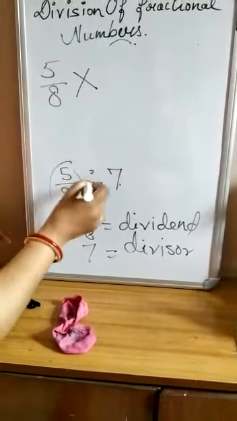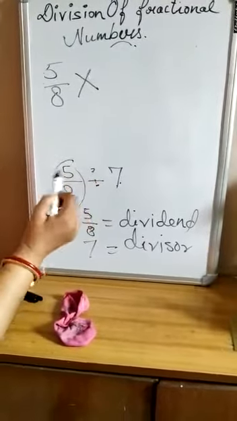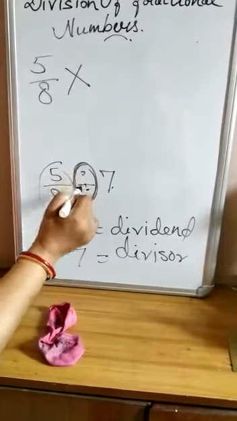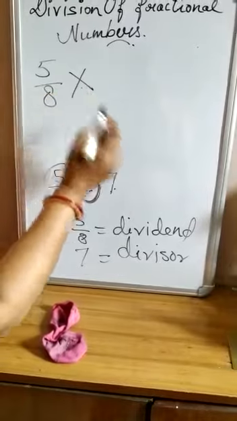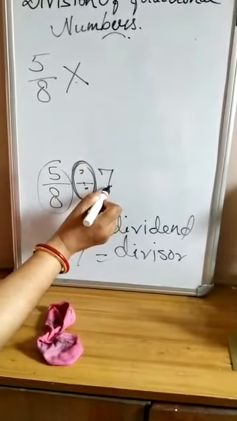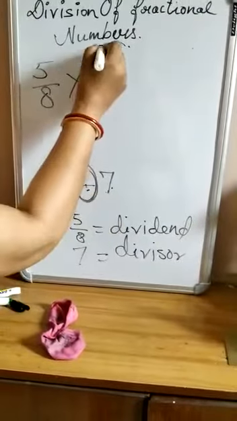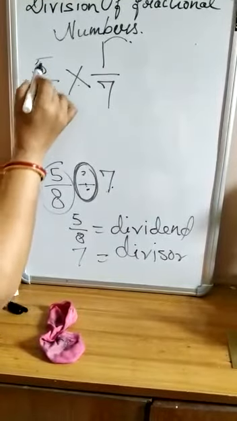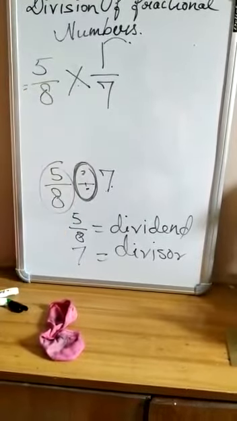Most important thing, when you are doing division in fractional numbers, you have to change the sign of division to multiplication, and then write down the reciprocal of the divisor. What is the reciprocal of the divisor? 1 by 7. Now here 5 by 8 is multiplied by 1 by 7.